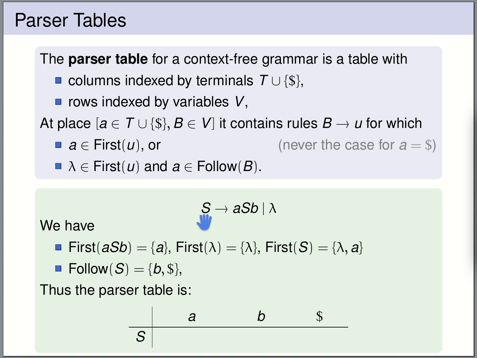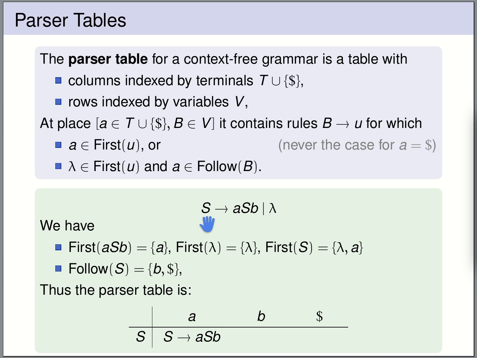So should the rule S rewrites to ASB be put in this cell? Yes, because we are in the first clause. The terminal letter A is in first of the right hand side, so A is in first of ASB. So since A is in first of ASB, this rule needs to be in this cell.